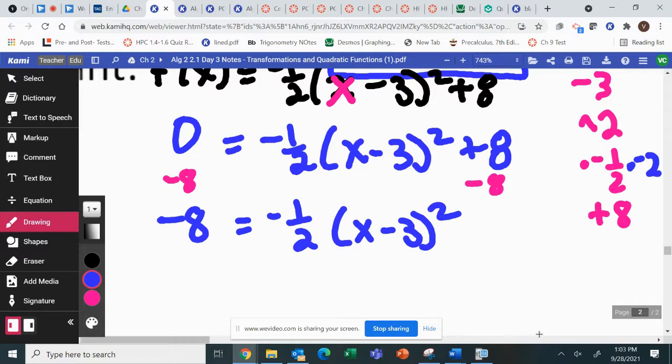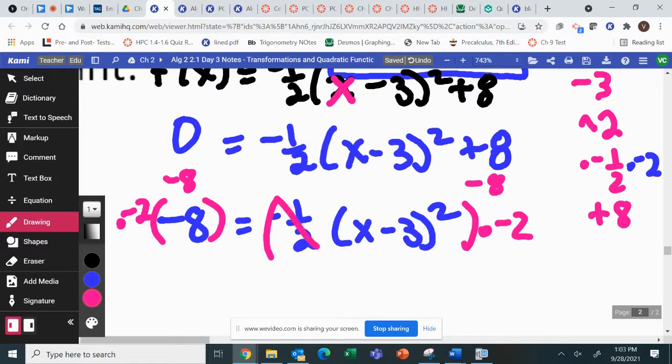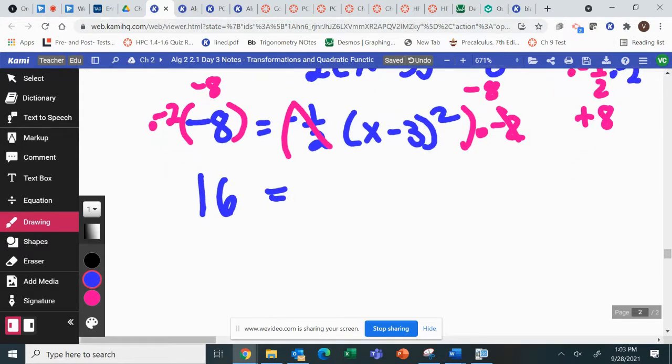That's going to make it a positive, and 2 times 1/2 makes 1. We're trying to make it a positive 1. So we're going to multiply both sides by -2. And that cancels. So now I have 16 equals (x minus 3) squared.